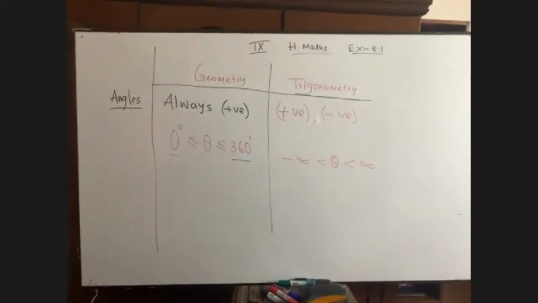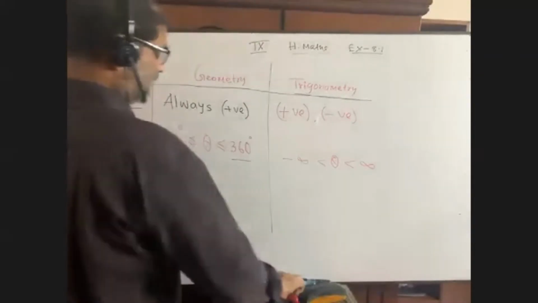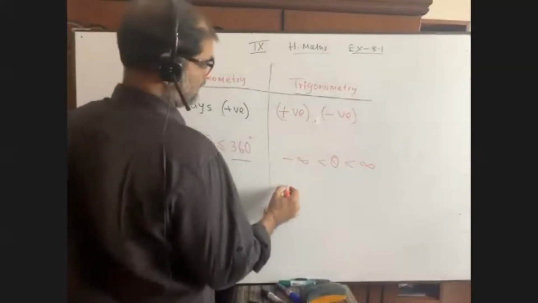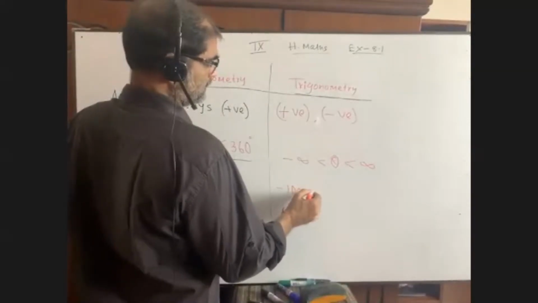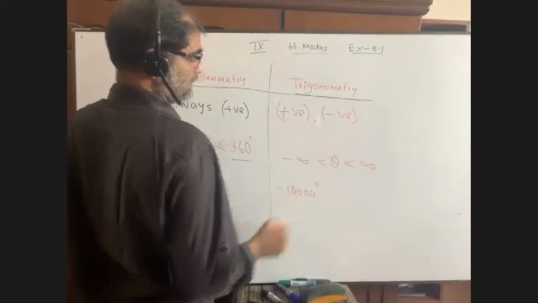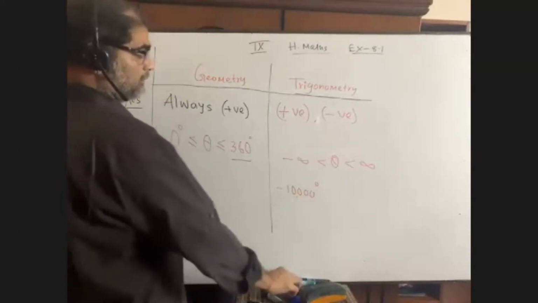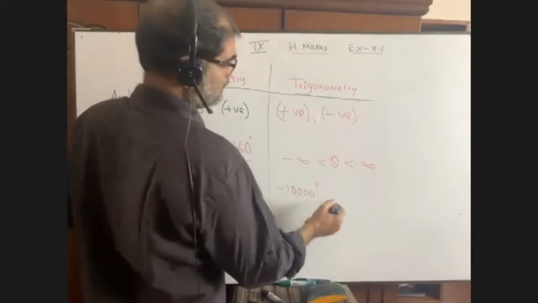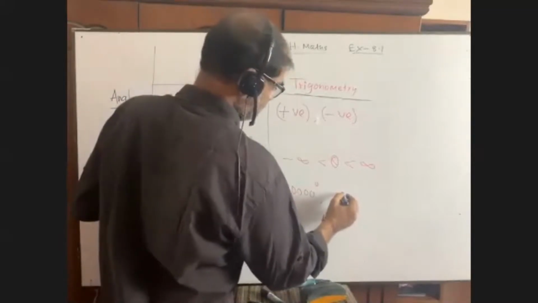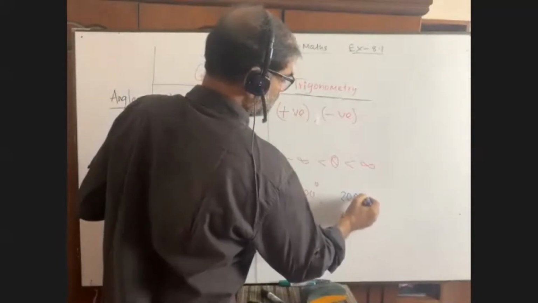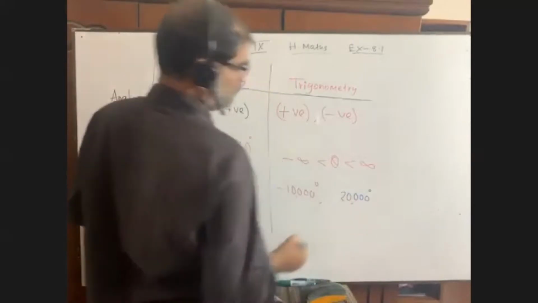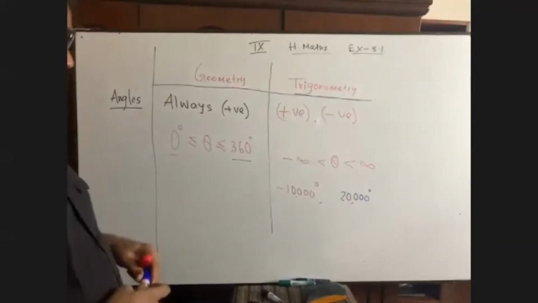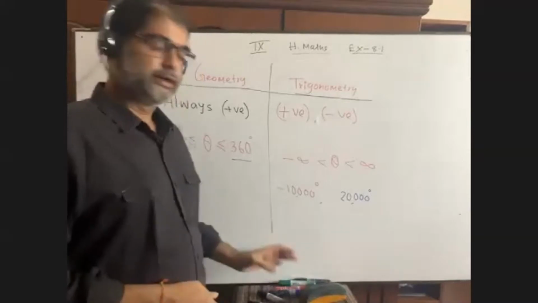I can write down an angle, suppose minus 10,000 degree, or 20,000 degree. We can write that, but in geometry we cannot.